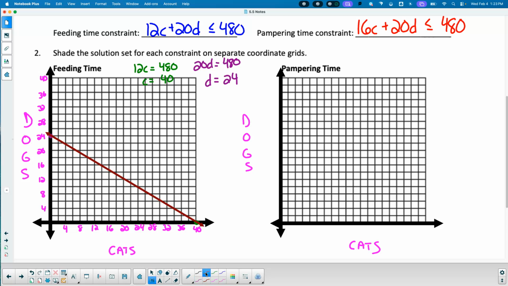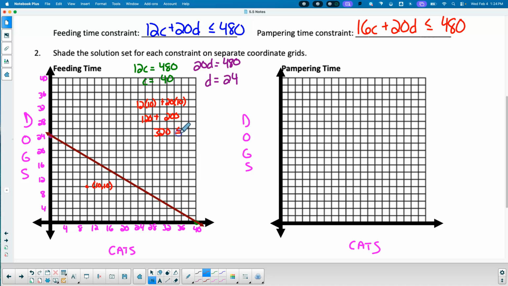So if I test, let's go easy. Let's go 10, 10, 10. Right? And that should make a true statement. 12 times 10 is how much? 120. 20 times 10 is how much? 200. 120 plus 200 is 320.